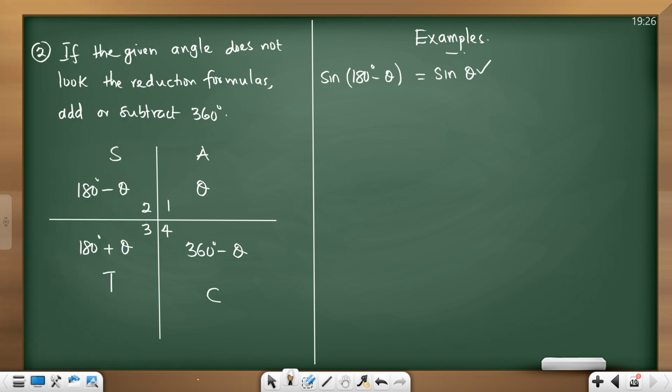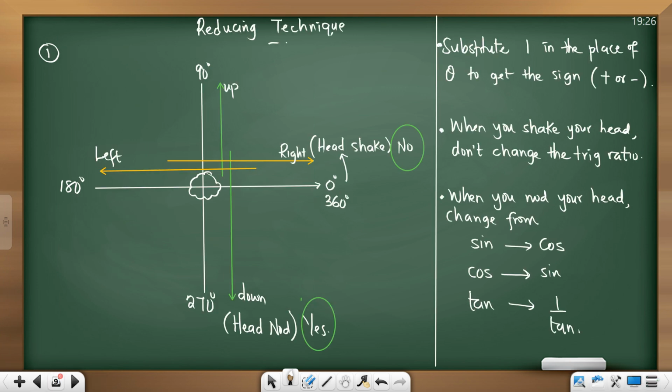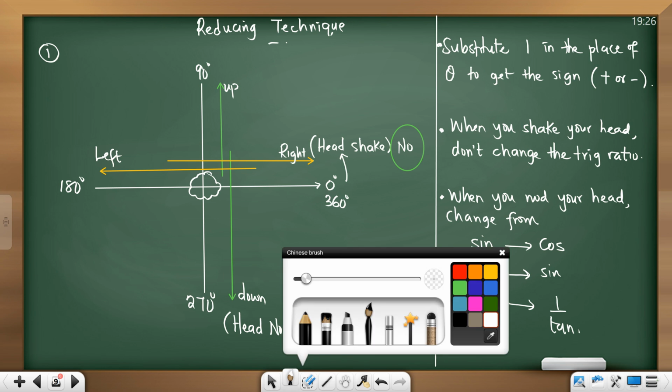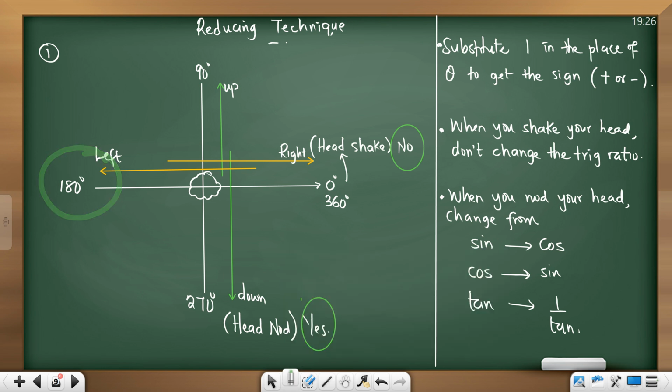Now, where is 180? Let's go back to this. 180, do you notice I'm moving to the left? Am I nodding my head or am I shaking my head? Is it a shake or a nod?